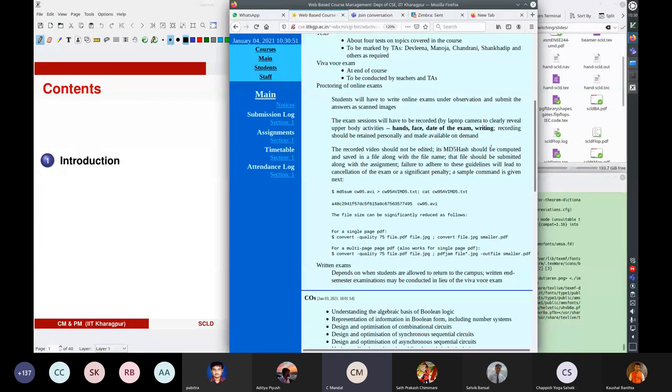This one generates a PDF as well. How you do it is not very important. What is important is that if the file is small, it's easy for you to submit. If it is neat, it is easy for us to read. So we have only these two requirements. It should be small, it should be neat. Beyond that, whatever is convenient for you, you can do. That is really the gist of it.